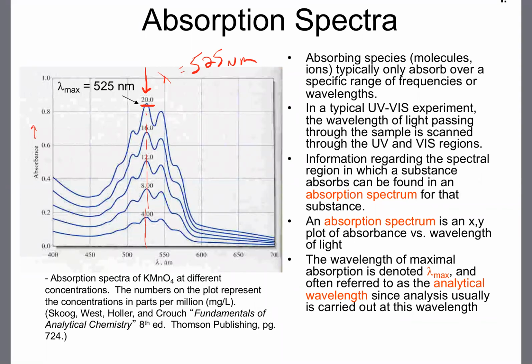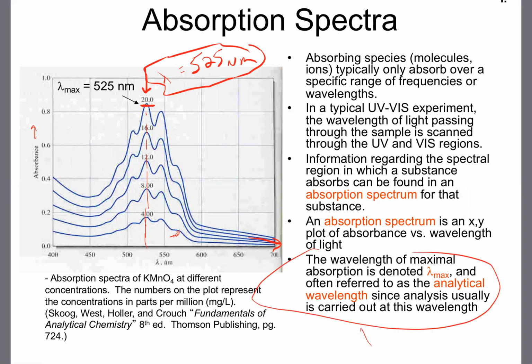Now, does it absorb at other wavelengths? Yeah, it absorbs over here. And then down here, it starts approaching zero absorbance, doesn't it? So it absorbs at other wavelengths. This is the peak wavelength, it's 525. So we call that peak wavelength lambda max, or sometimes the analytical wavelength.